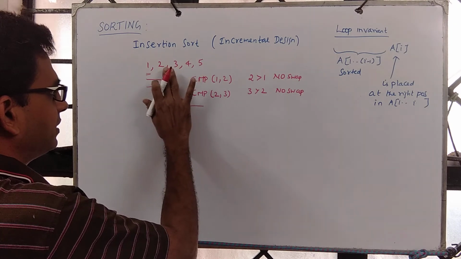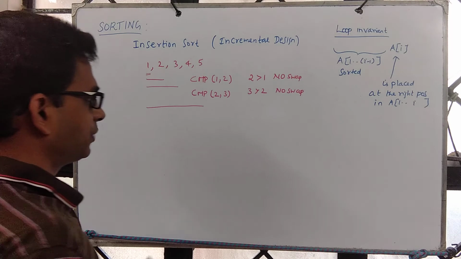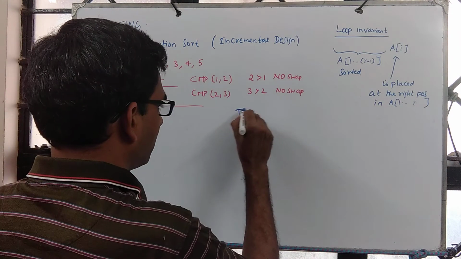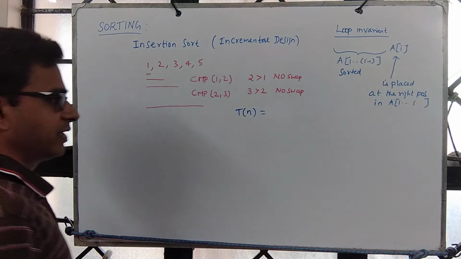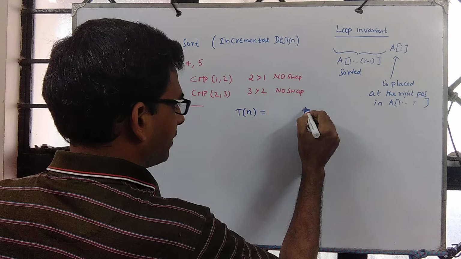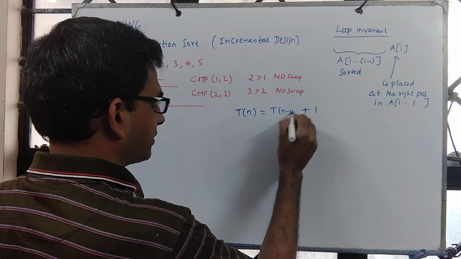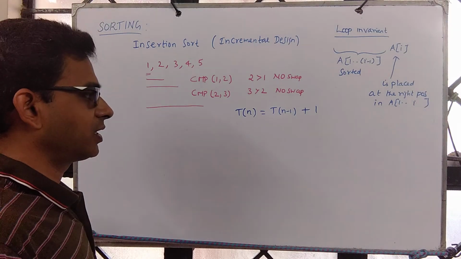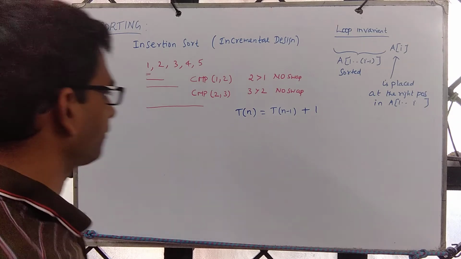Then we compare with this, then we work with this part of the array. Correct? So if T of n denotes the number of comparisons to sort an array of size n, we incur one comparison and then we work with the rest. And the number of comparisons in that array is given by T of n minus 1.